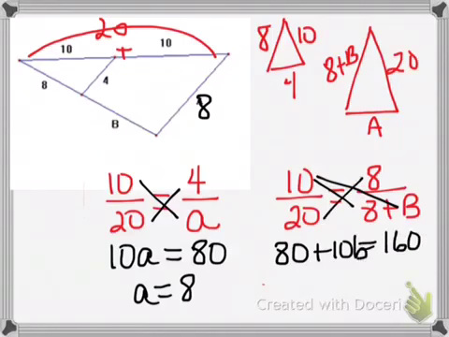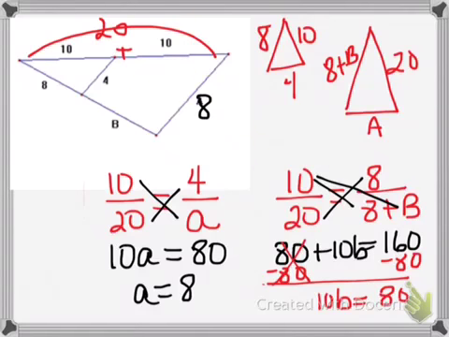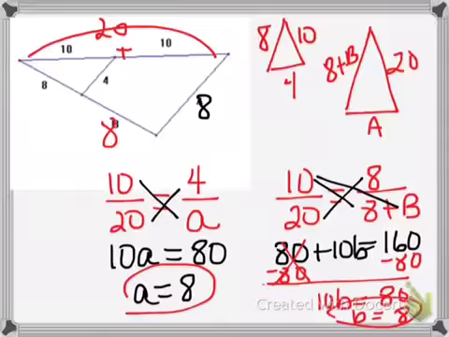I need my B there. So if I want to solve that, I need to eliminate the 80 on both sides. So I'm going to subtract 80 from both sides. That eliminates it on the left side. So 10B equals 80. So B equals 8. So I got A equals 8 and B equals 8. So that's my answer there.